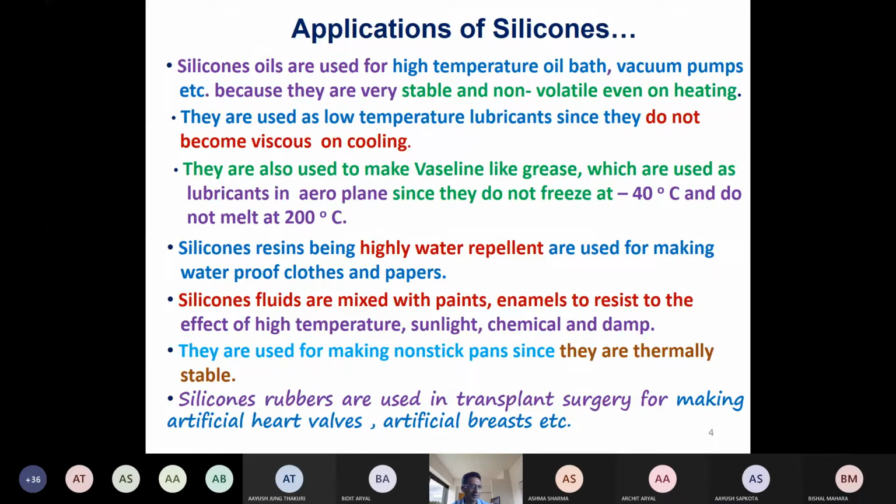For example, if you want to heat an organic compound like acetone or alcohol, then it should be heated indirectly, by placing it in a water bath or oil bath. Then when you heat, the oil will not boil easily. In this way, silicone oils are not volatile because they are stable. Why are they used for high temperature oil baths?